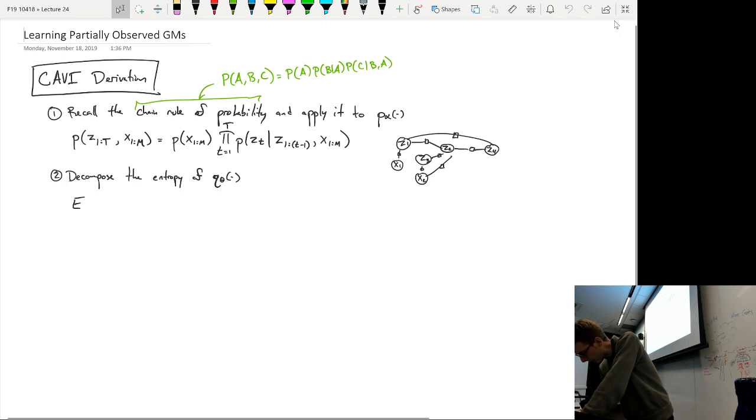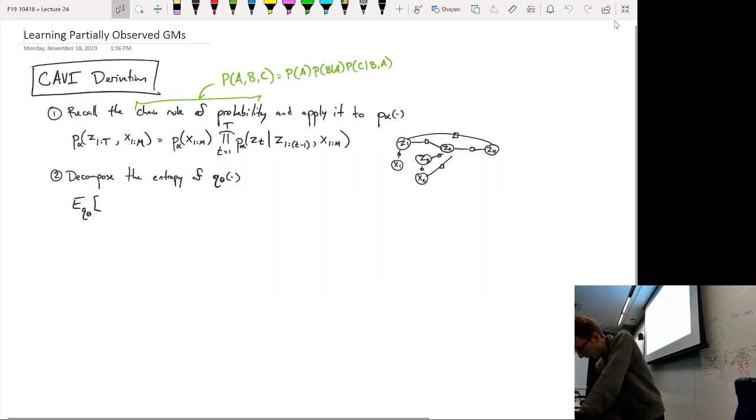So the expectation under q theta of, oh, and I guess above I actually dropped the parameters alpha, just because we'll bring them back in as we need them. So here, we could say p alpha all through here, just so that we don't lose track of the fact that this is parameterized by alpha.